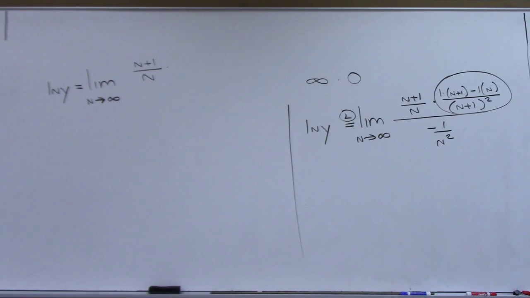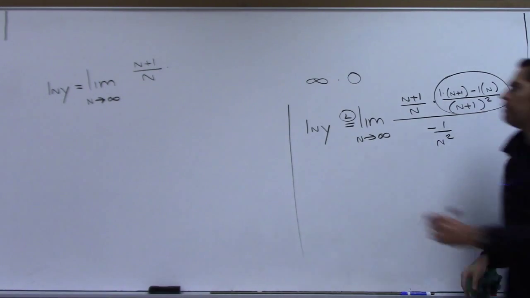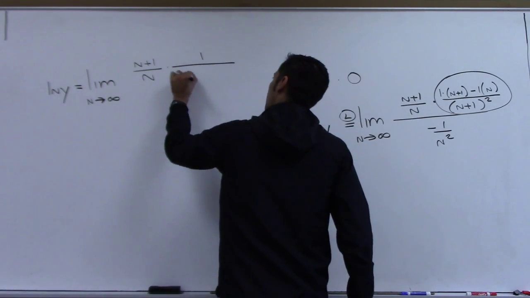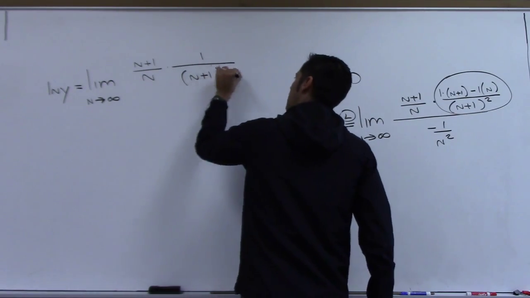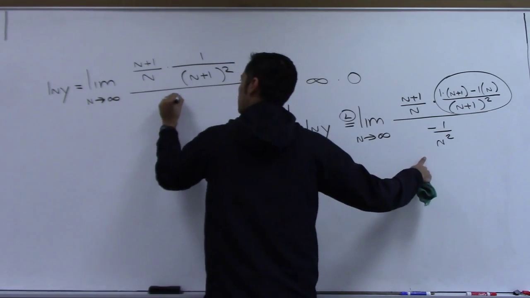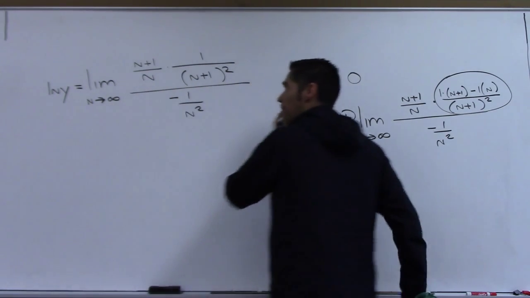It's 1 over n plus 1 squared, because n plus 1 minus n is 1, all over negative 1 over n squared.